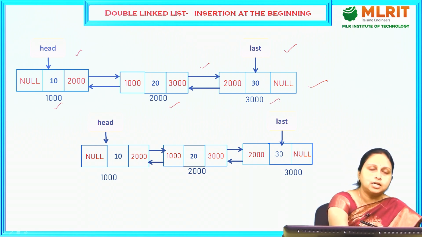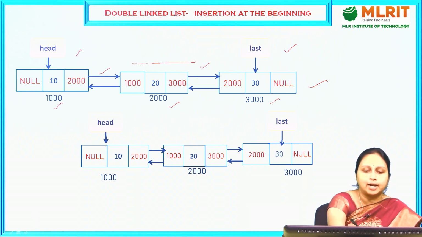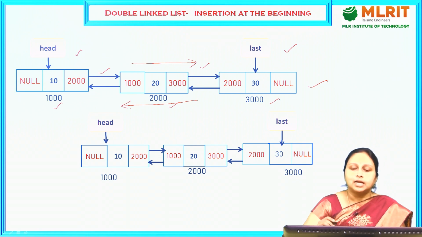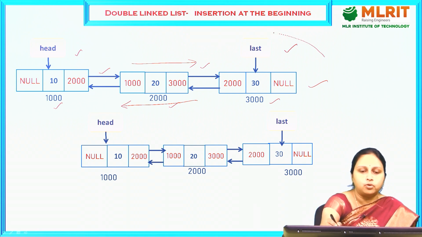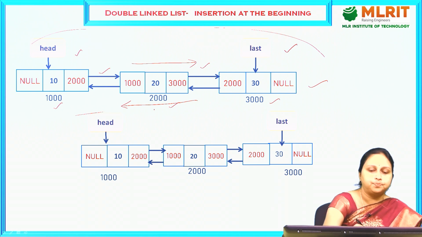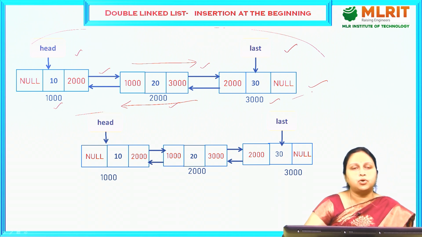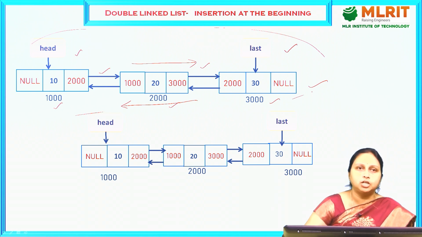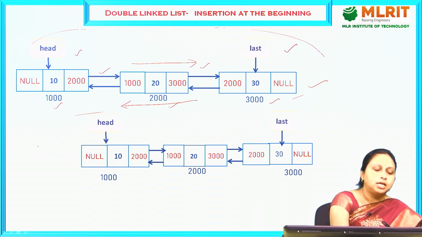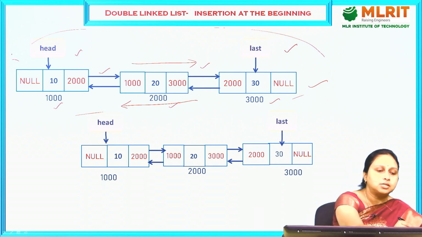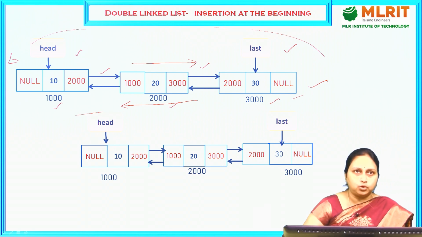In the single linked list, as we observed, only the forward connection is present, but here we have the backward connection also. Consider the 3 nodes represented here. Based on this, I want to insert a new node at the beginning of the list. That means before this, I need to add a new node.